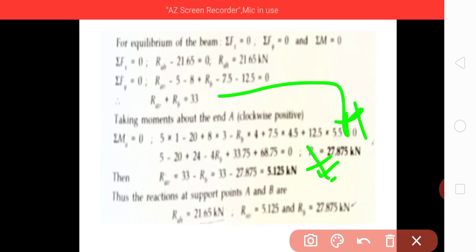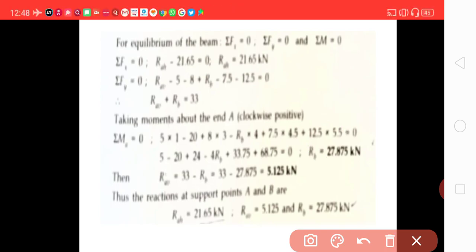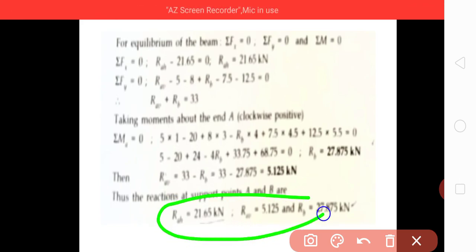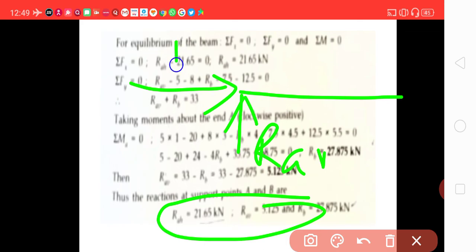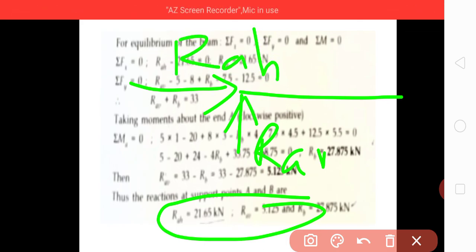The reactions at supports are RAV 5.125, RAH 21.6 and RB 27.875. Now again look into this. This was the beam, this is RAV and this is RAH. This will be making an angle theta like this from the horizontal.